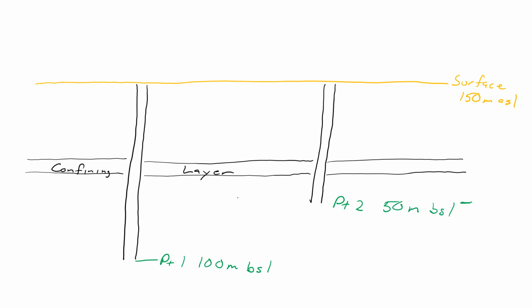I haven't drawn this to scale, obviously. Let me move this so it's a little better. Let's make that about sea level. This would be 50 meters below sea level. We'll just call it minus 50. And then this is down 100 meters, right?